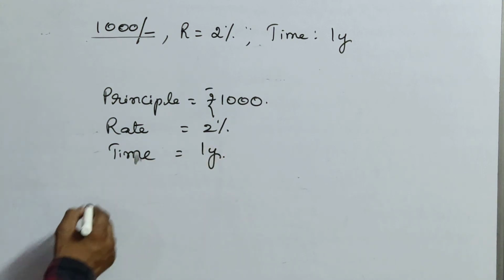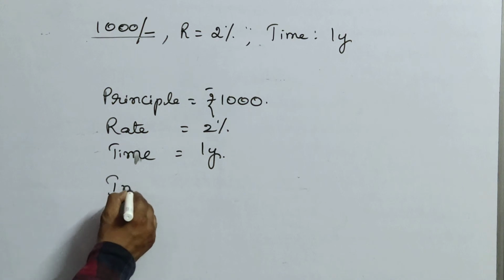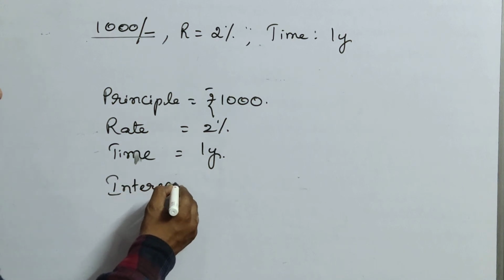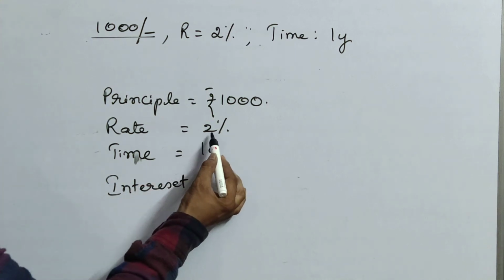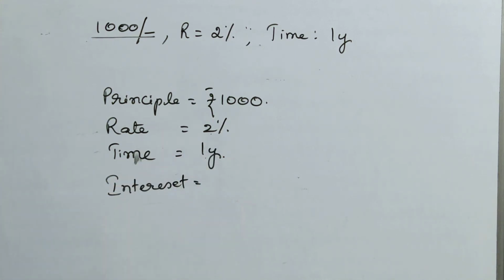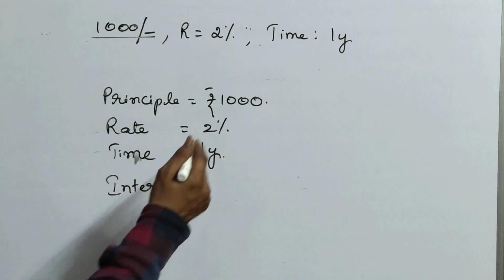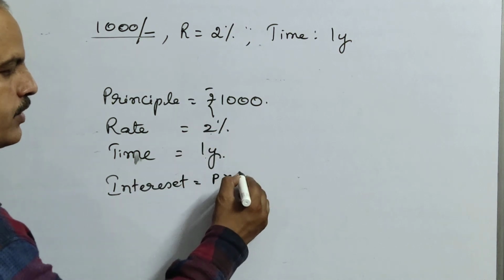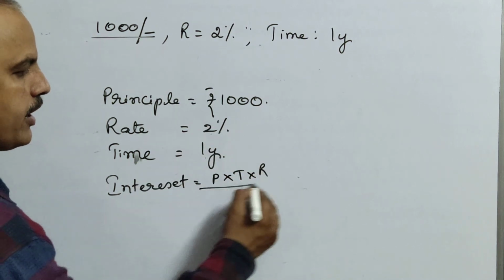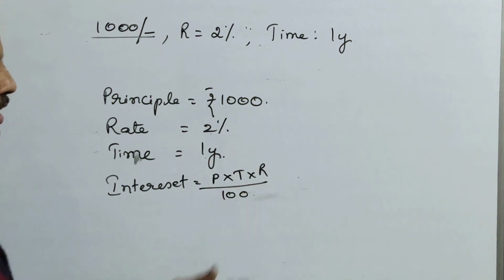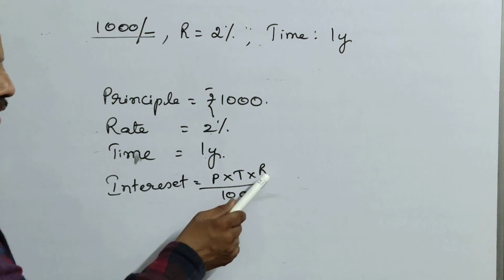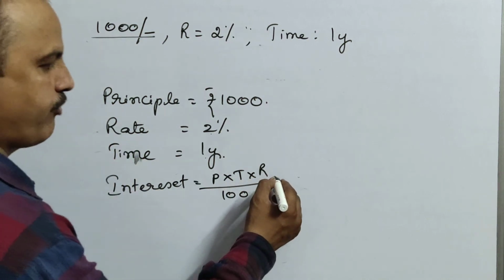Then what is the interest? What interest do we have to pay for 1 year? He has given a rate of interest of 2%, time of 1 year, and principal of 1000 rupees. We have a formula: P into T into R by 100, that is, principal into time into rate by 100.